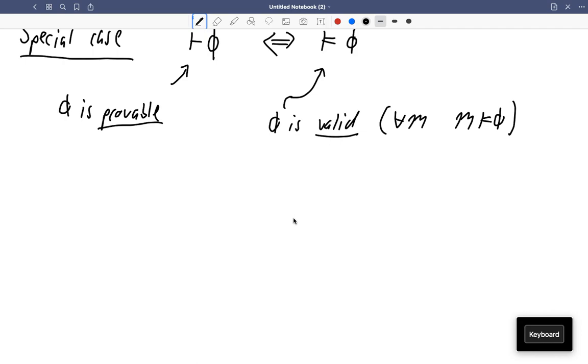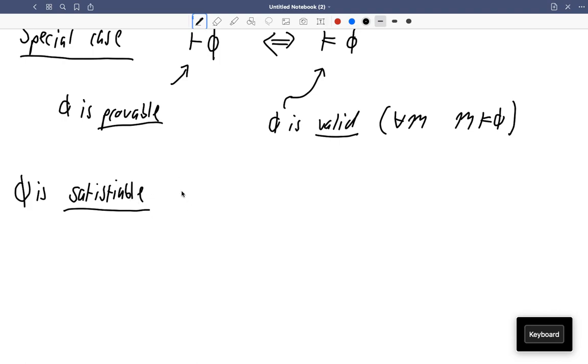So as for propositional logic, phi is satisfiable. In propositional logic, it was if we can find a truth assignment to the propositional atoms that makes the sentence true.